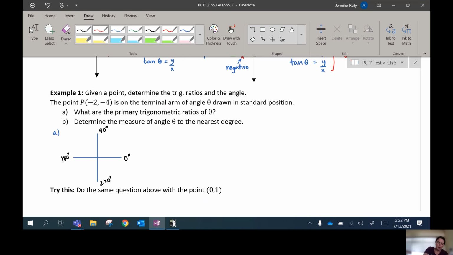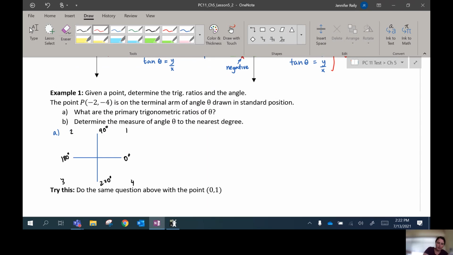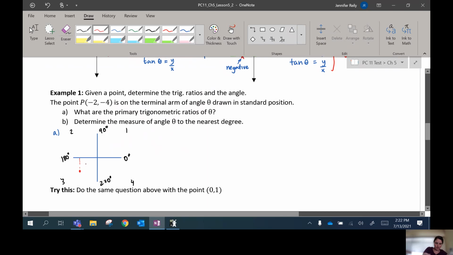Let me label the quadrants here: 1, 2, 3, 4. (-2, -4) is right about here. Actually, it's a little bit over. Maybe here. There we go. So here is (-2, -4).